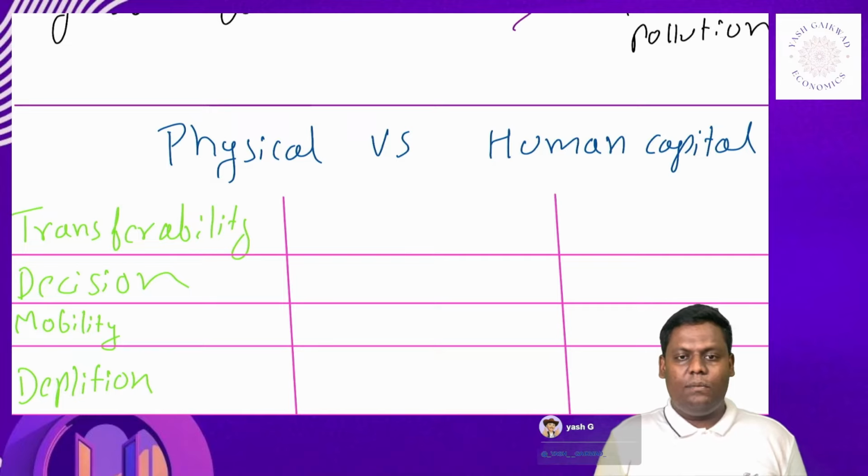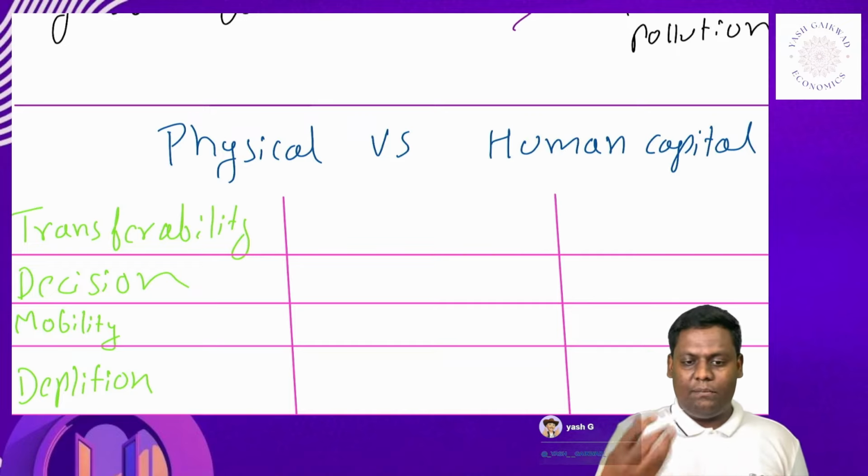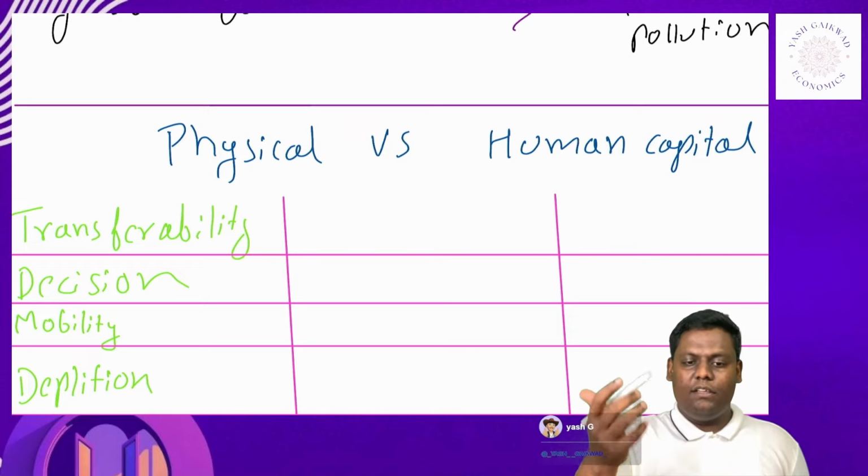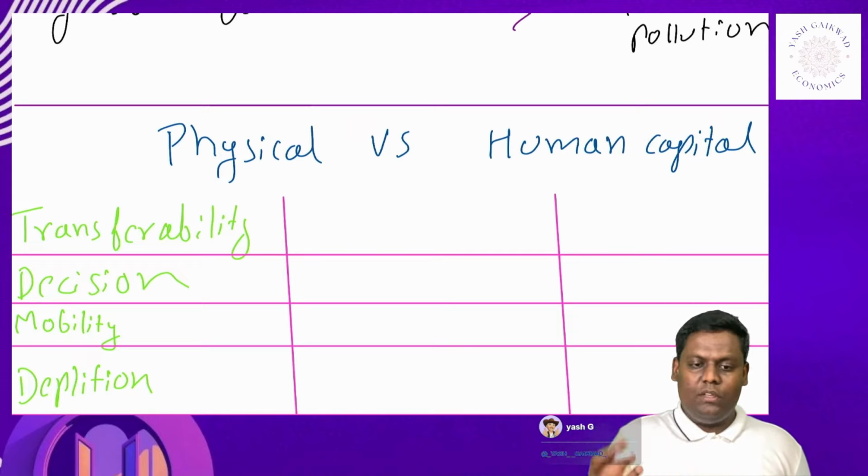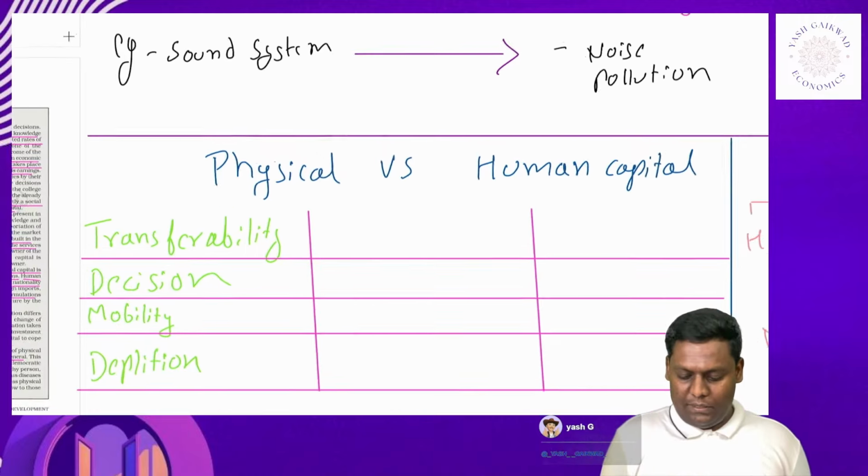But when I talk about human capital, it is the skill set and the technical know-how that is intangible. So let's say I'm teaching. Whatever skills I have to communicate, the knowledge that I have to give you, that is an intangible skill, and that constitutes human capital.